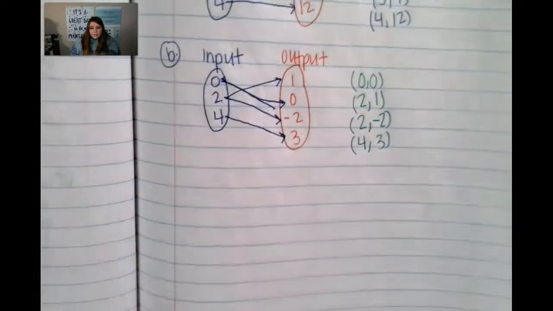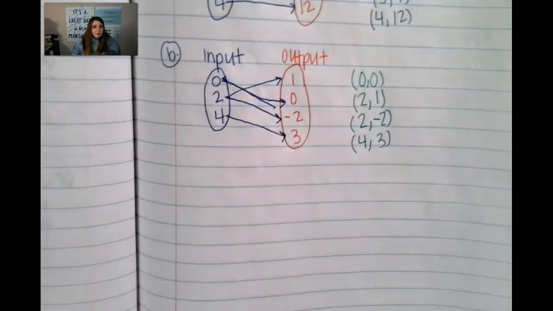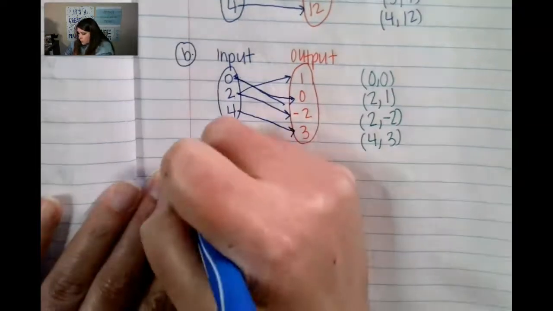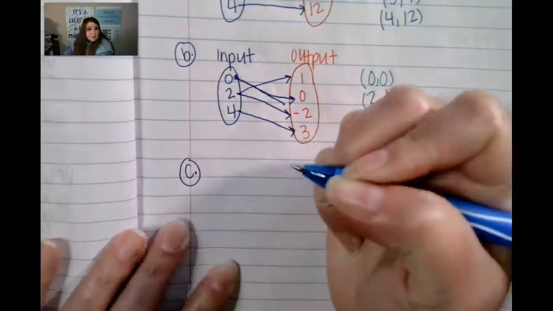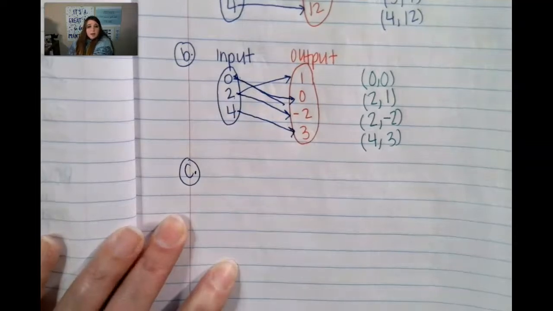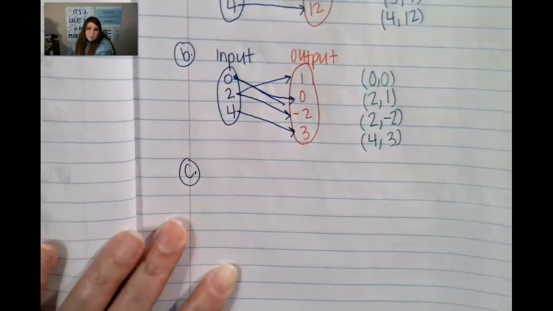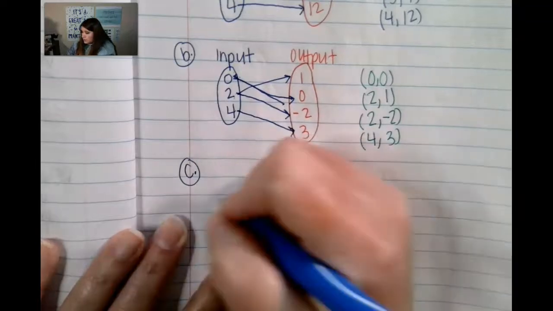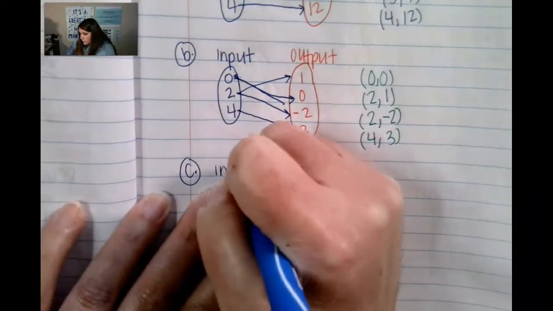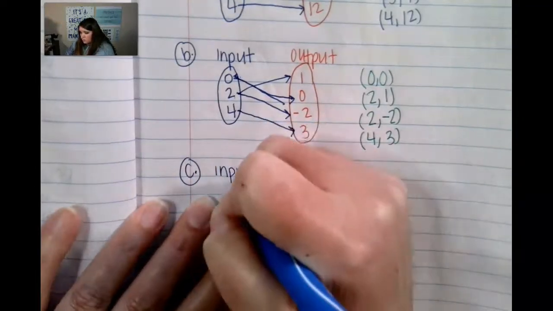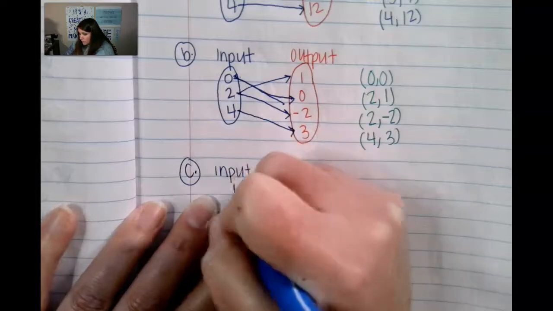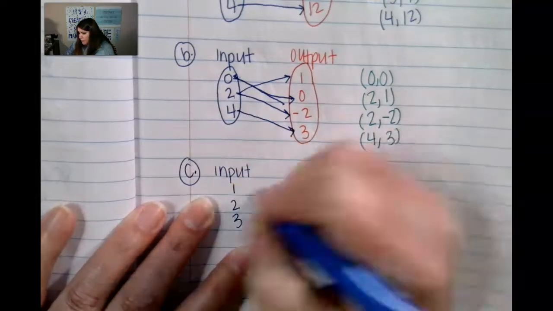All right, let's do another example. We're going to call this one example C. And again, this one is going to do the same thing where it has 2 lines drawn to the same number. Okay, so our input values for x are 1, 2, and 3.